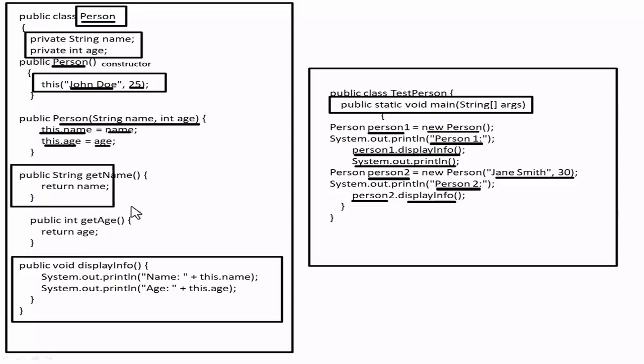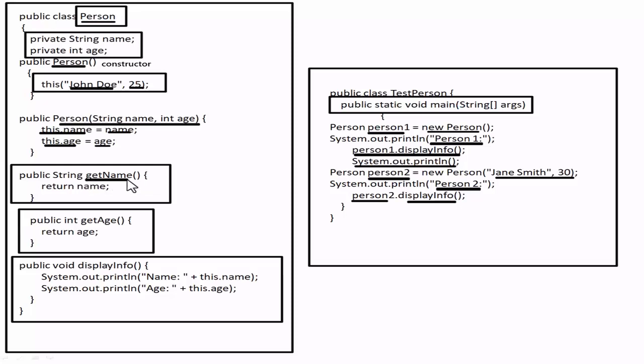By using getName and getAge. Here we have not used setName and setAge because we are passing through the constructor. String getName returns the name, and getAge returns the age.